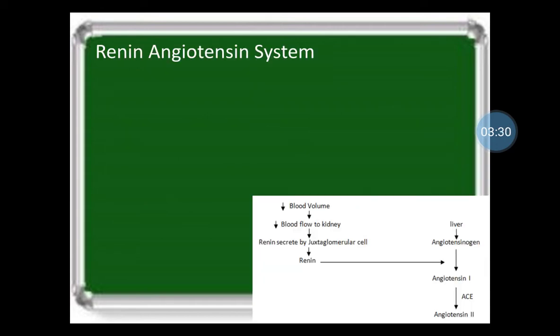Now we see the renin-angiotensin system. In the previous slide, we saw how renin is secreted by the juxtaglomerular cell. The function of the renin-angiotensin system is to maintain the blood pressure; the main function is to increase the blood pressure.